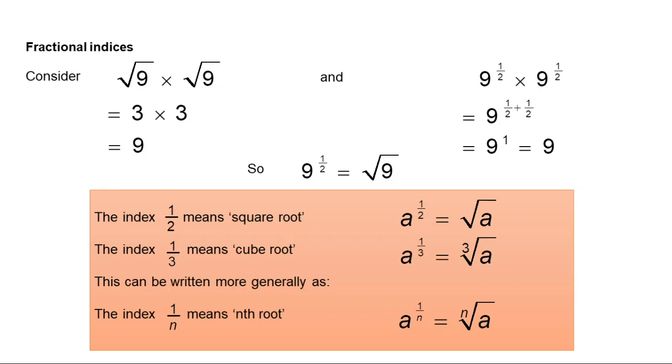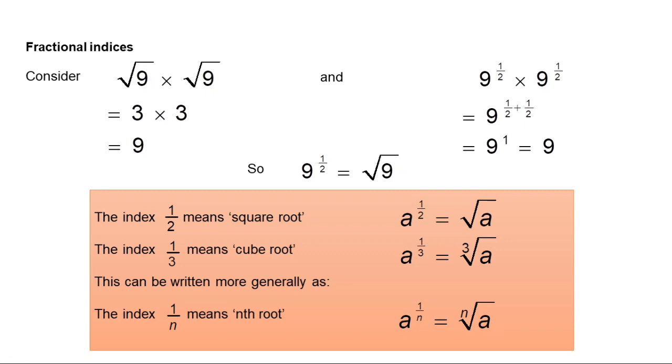So whatever n is will be the root. If it is a to the power of 1 over 5, then it will become fifth root of a. So a to the power of 1 over n equals the nth root of a. If n is 5, then it is the fifth root.